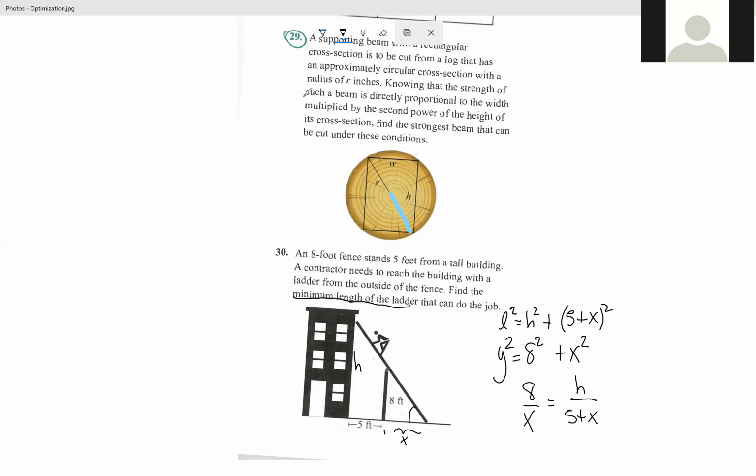Something to do with the 5 and the 8. Actually, I think these two equations will be enough.